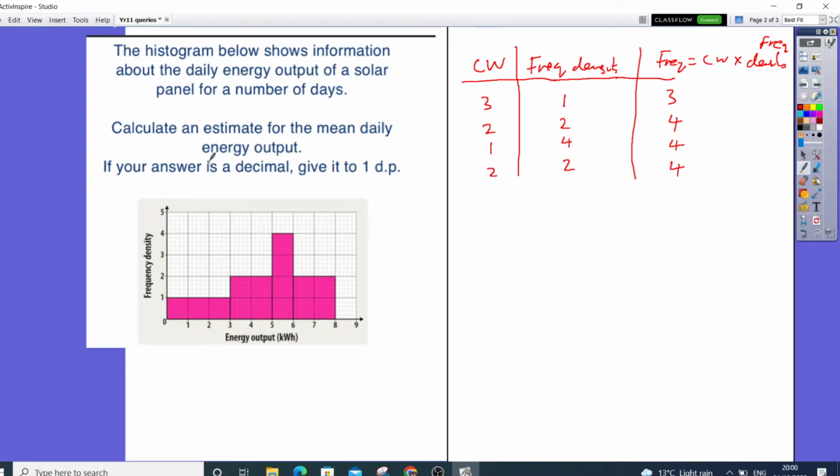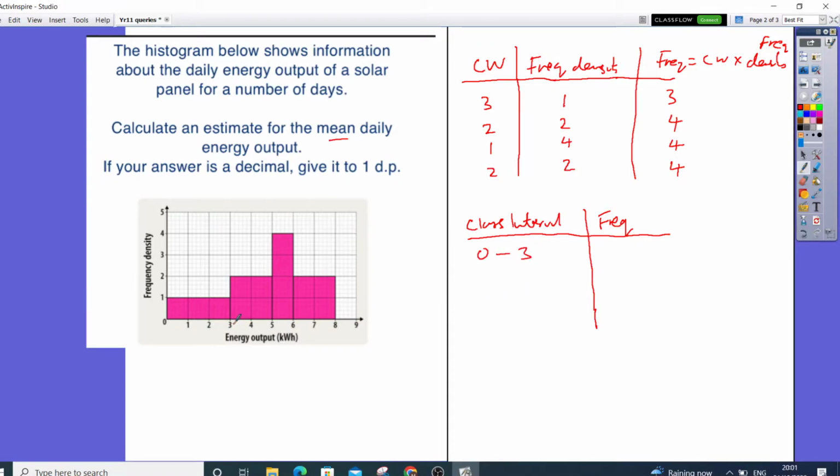Okay, now it wants you to work out an estimate for the mean. Now if we do the class interval, I'll put the class interval here, and from there we get our frequency. From this class interval, that goes from 0 to 3.